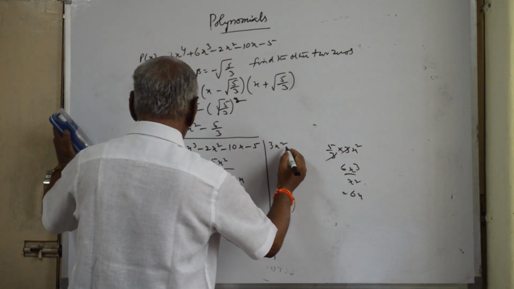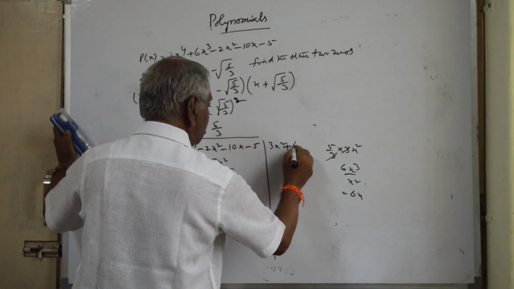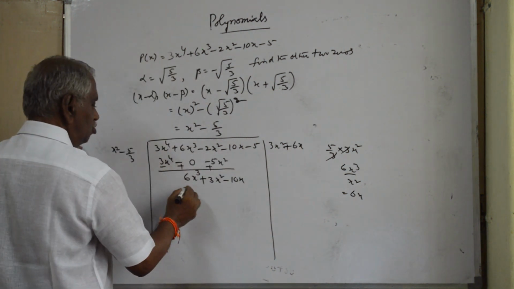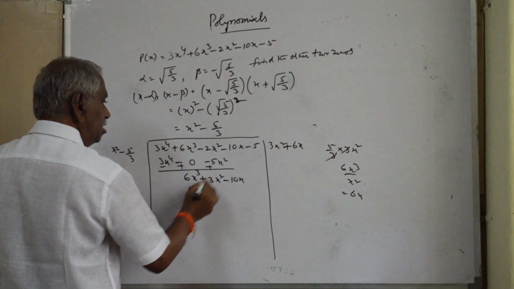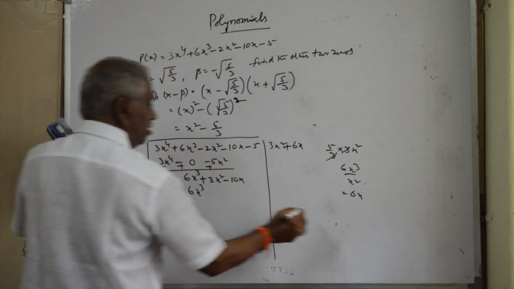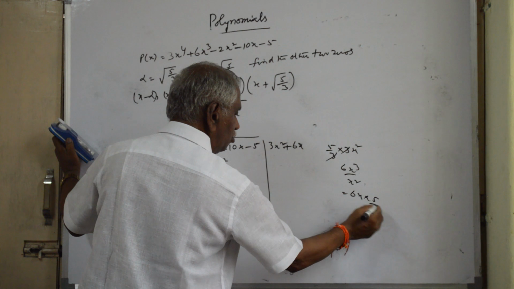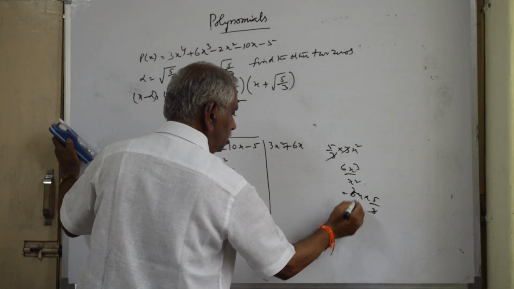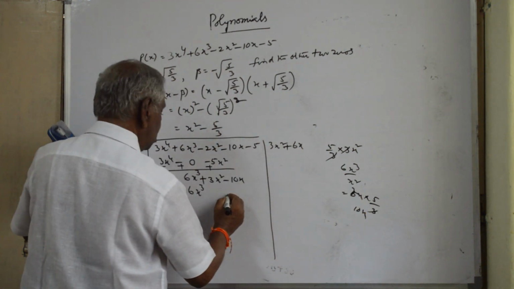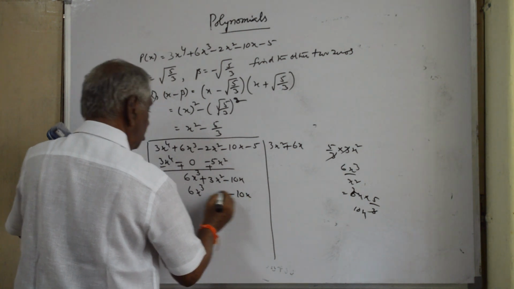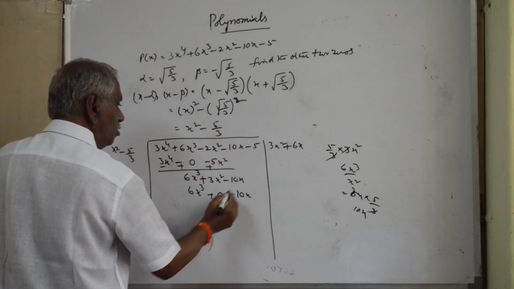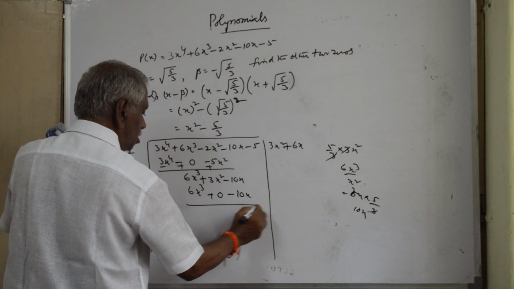So you can say plus 6x. 6x into x square is 6x cube, and similarly 6x into 5 by 3 gives minus 10x here. Now it is 0 and you can subtract here.